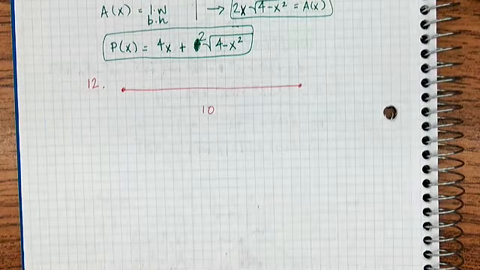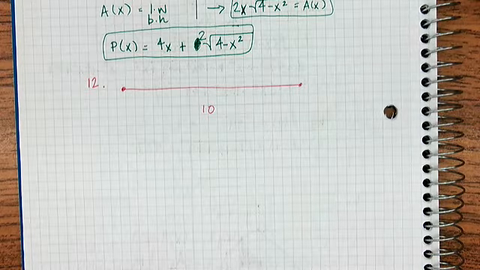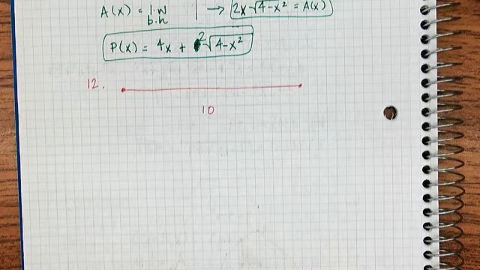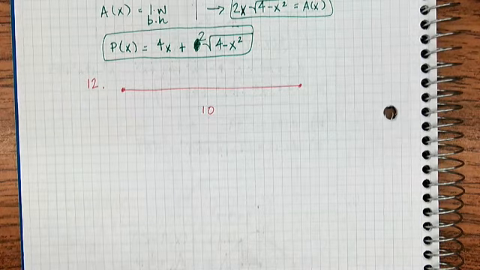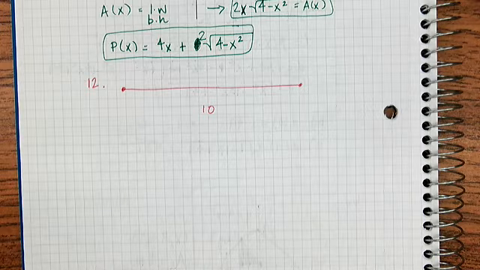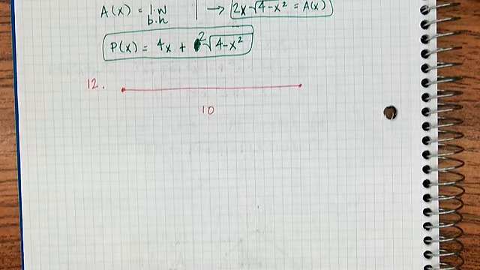One piece will be shaped as an equilateral triangle. The other piece will be shaped as a circle. Okay, cool. Triangle and circle. Express the total area enclosed by the pieces of wire as a function of the length x of a side of the equilateral triangle.